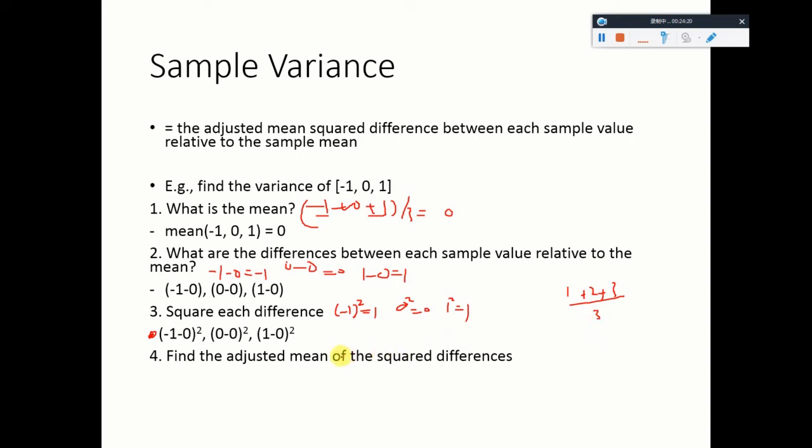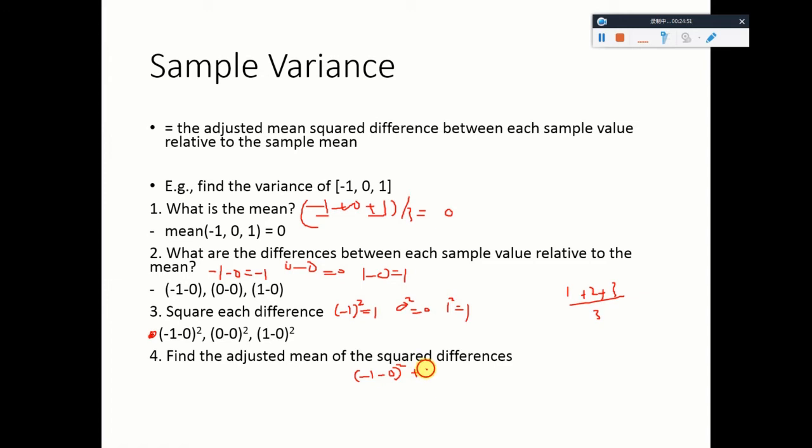So here, what's the mean of the squared differences? Well, where are the squared differences? These are the squared differences. This is a squared difference, the difference between -1 and 0. This is also a squared difference, the difference between 0 and 0. Here is a third squared difference between 1 and 0. So simply you will find the mean of the squared differences.